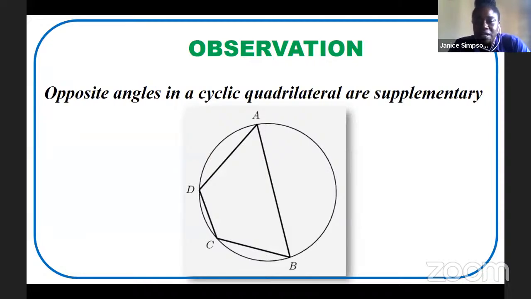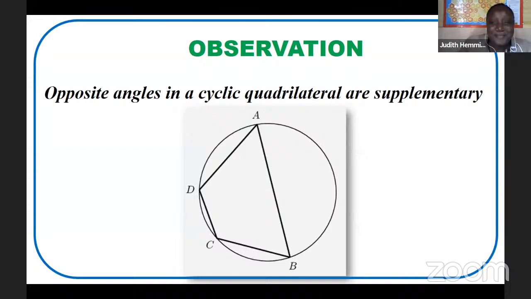And again, we recognize that these angles don't always have to look the same way. They can be in different orientations. That means they can be positioned differently within the circle, but we must be able to identify them however they are oriented. All right, so let's look at this.